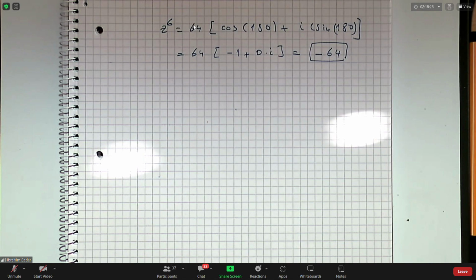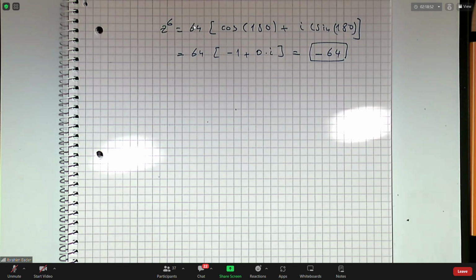Okay. Now we have more assignments, but as I told you here, the key is to evaluate the corresponding angle and the magnitude of the complex number.